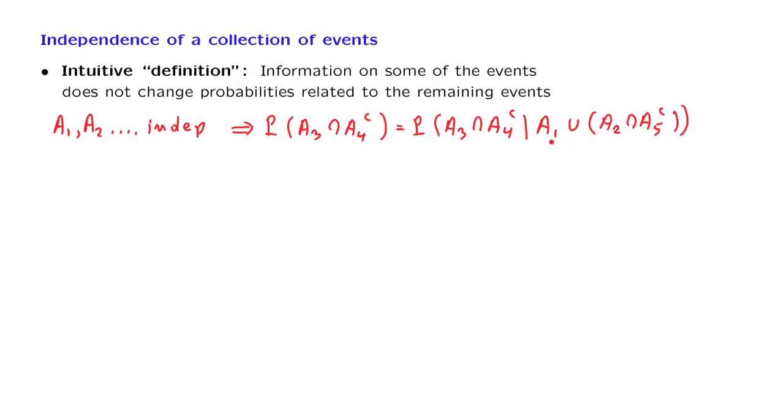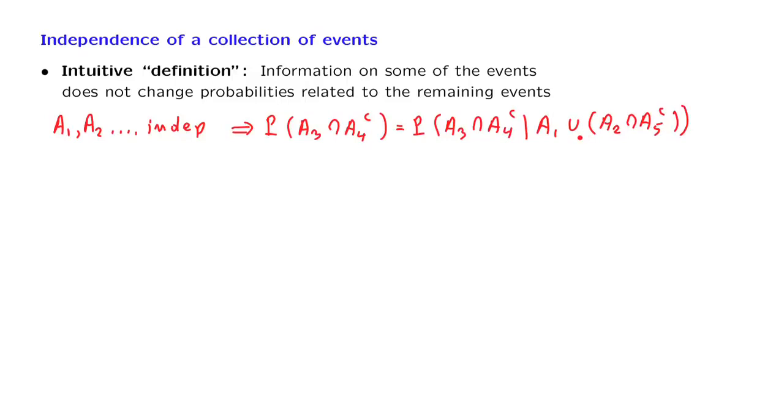I'm given some information about events A1, A2, and A5, what happens to them, and this information does not affect my beliefs about something that has to do with events A3 and A4. I would like all relations of this kind to be true.